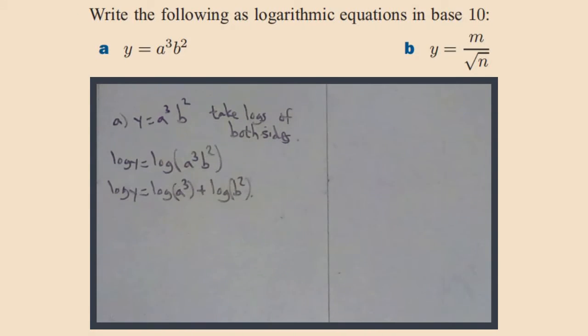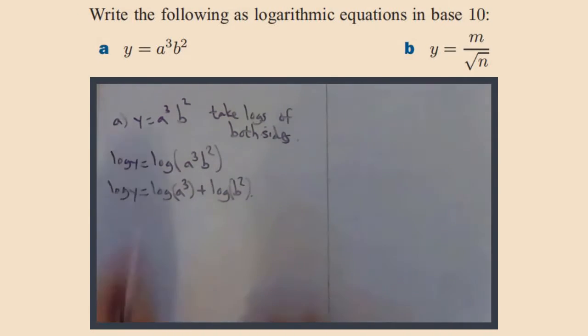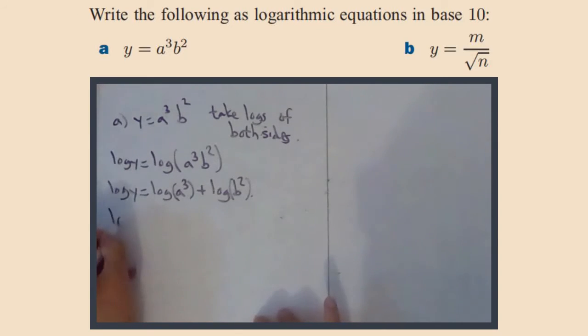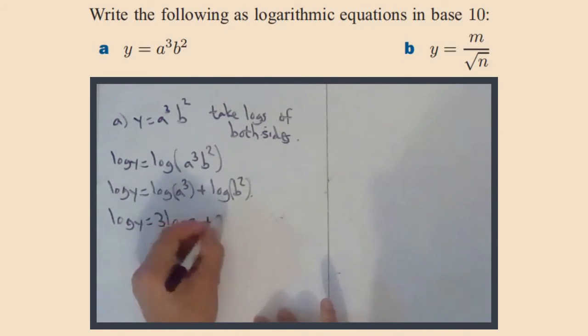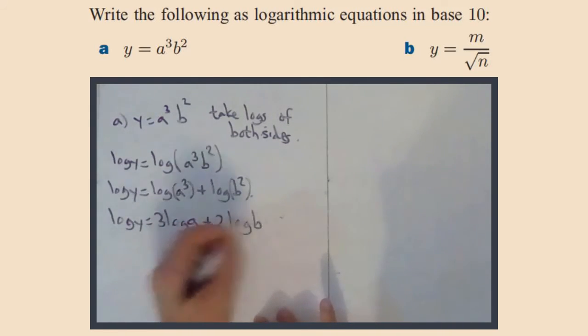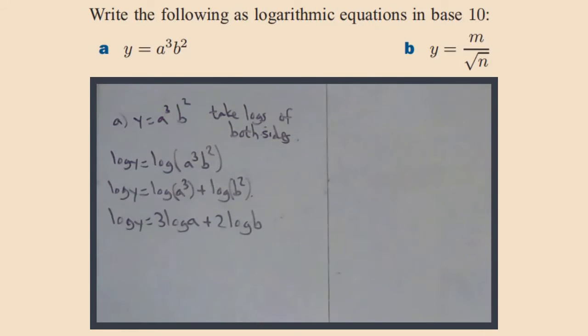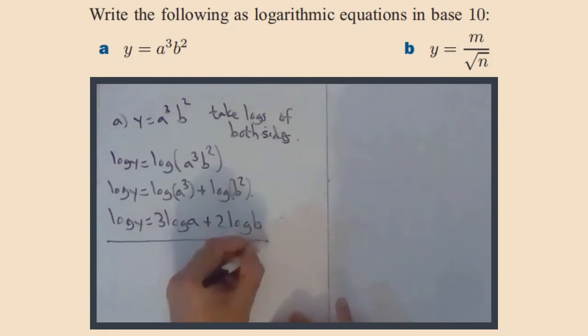Then we could use the third law of logs to bring these powers to the front. So log y equals 3 log a plus 2 log b. So now we have a nice logarithmic equation in base 10, and that is the answer that we're aiming at.